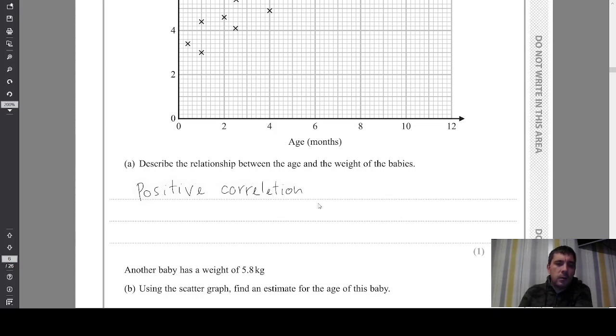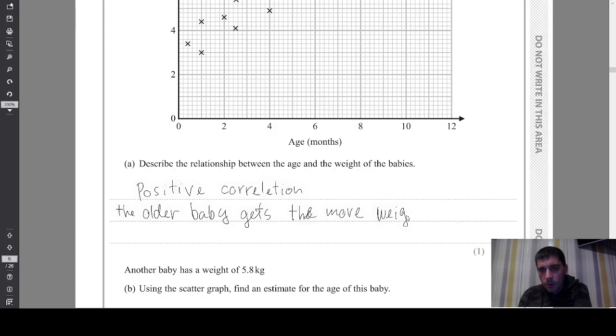Okay, and to secure the mark, we can say the older the baby gets, the more weight he gains. Okay, so the older the baby gets, the more weight he gains.